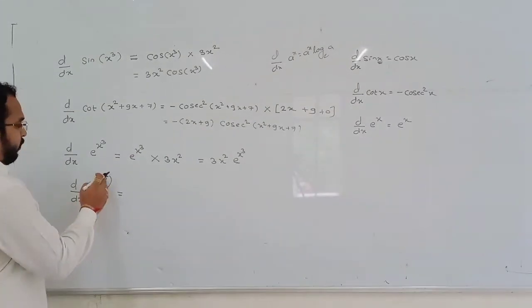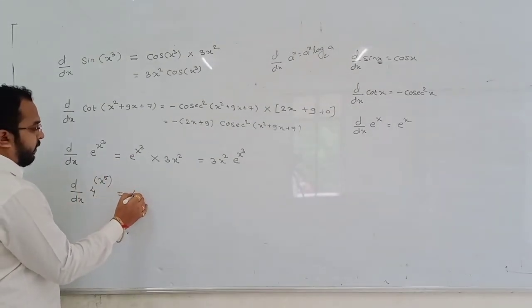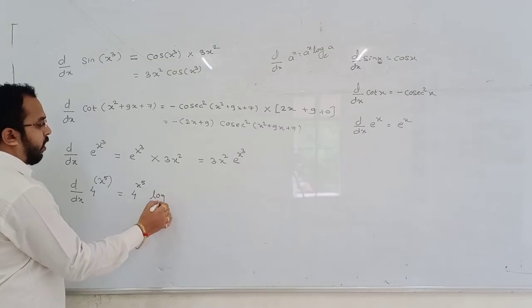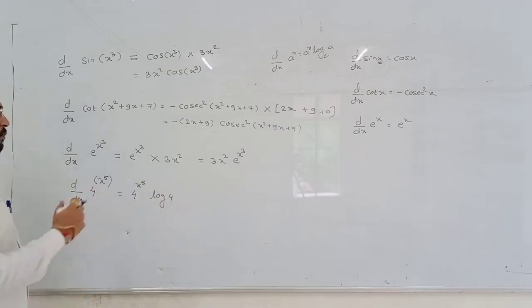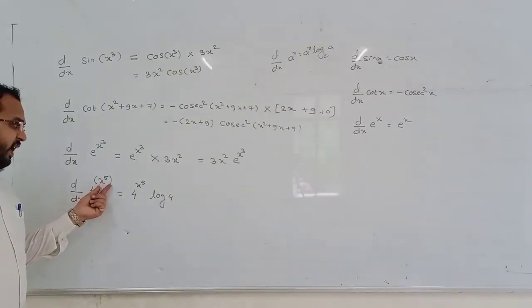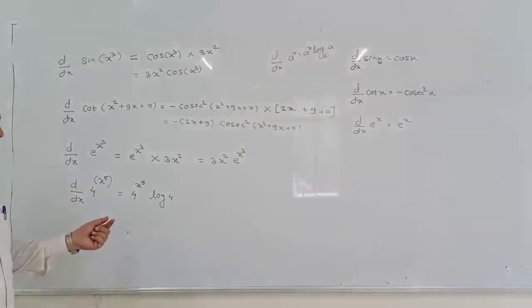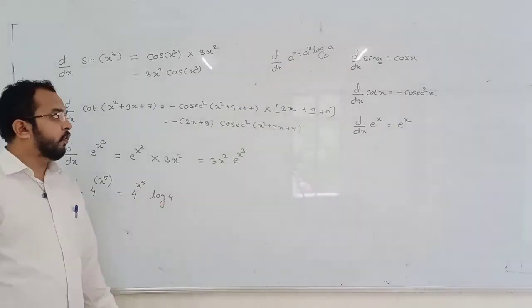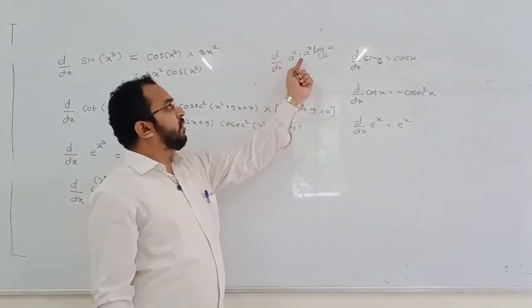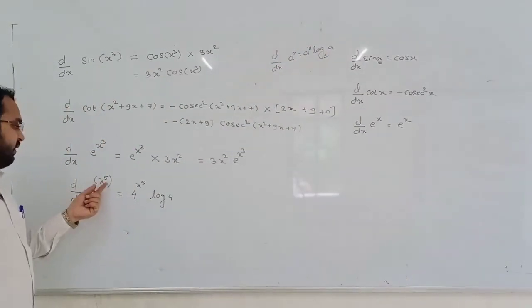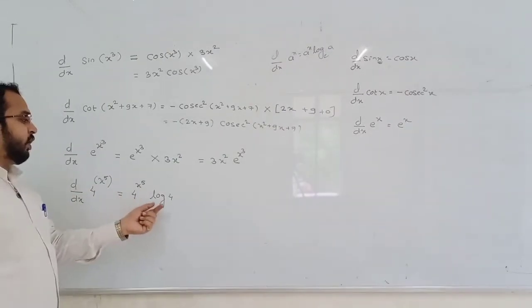So 4 to the power x to the power 5, it will be 4 to the power x to the power 5 as it is into log 4. If here it was only x, with 4 to the power something, the differentiation would be 4 to the power something into log 4.